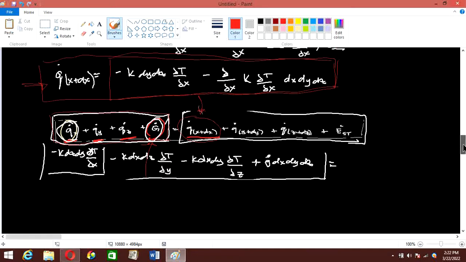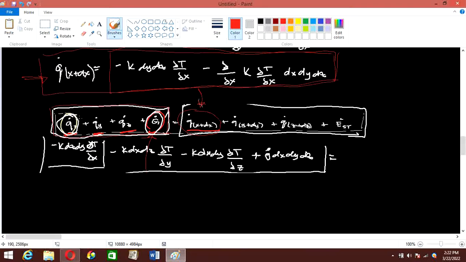But before that, in order for us to easily simplify our equation, let me erase some lines. Look at this part here.